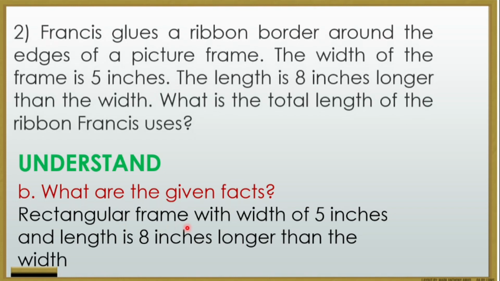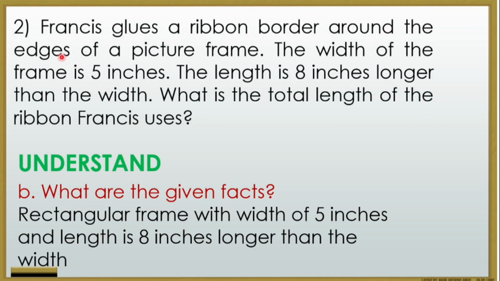The given facts are a rectangular frame. This would be the border of the picture frame. So the picture frame is rectangular, with a width of 5 inches and the length is 8 inches longer than the width.